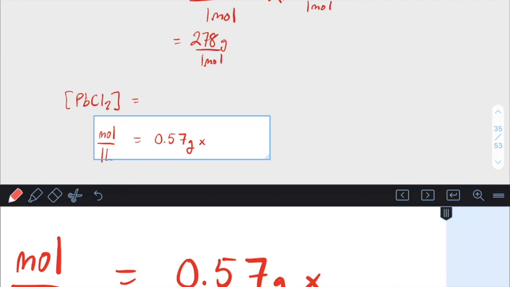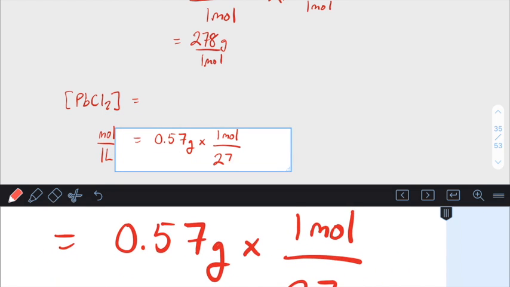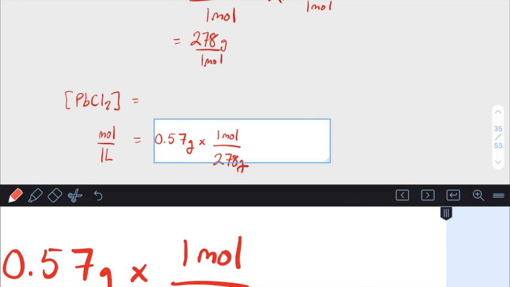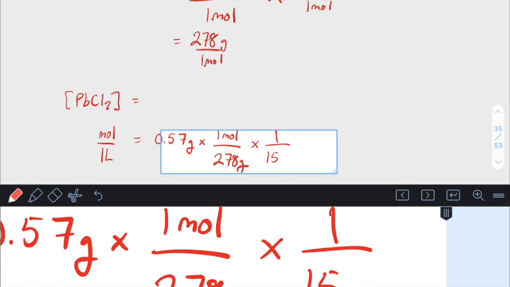So I'm going to multiply that by the inverse mass ratio. That's going to put the 278 I just finished calculating down there, and that's going to give me moles. And then I want that moles over liters. So I'm also going to multiply it by a fraction of my 1500.